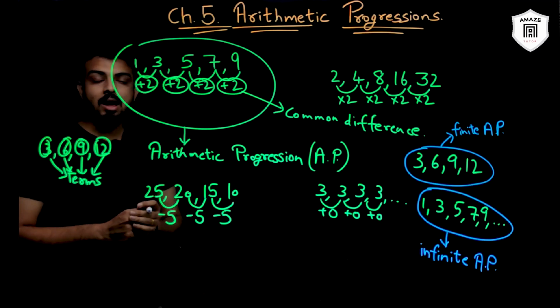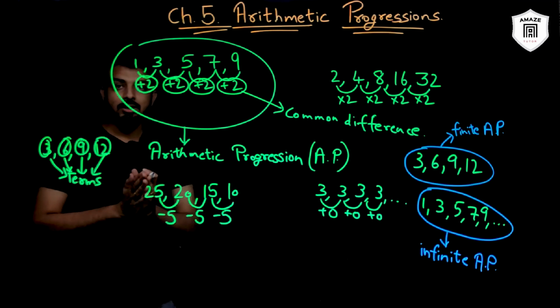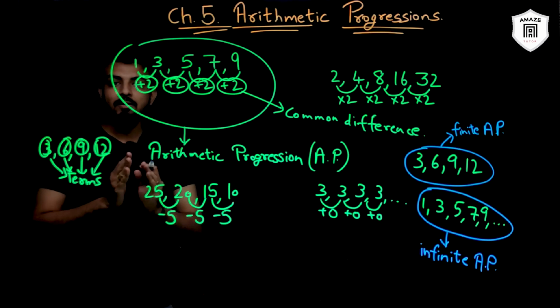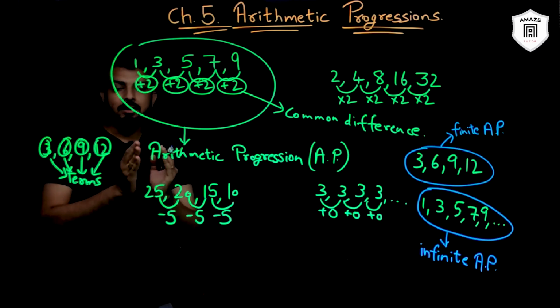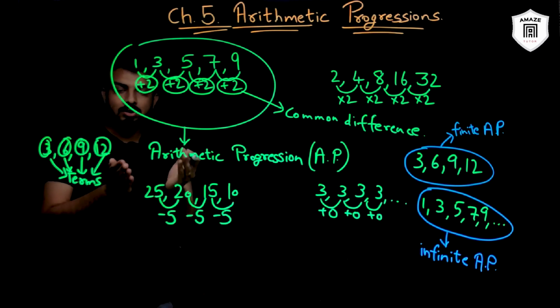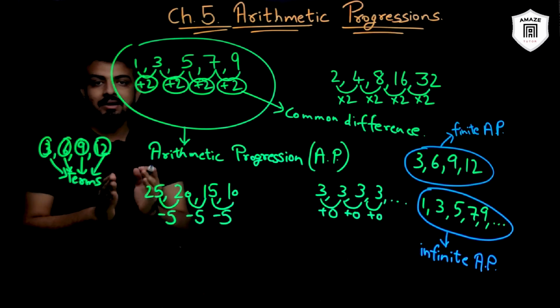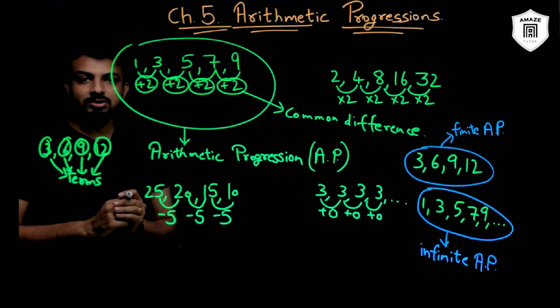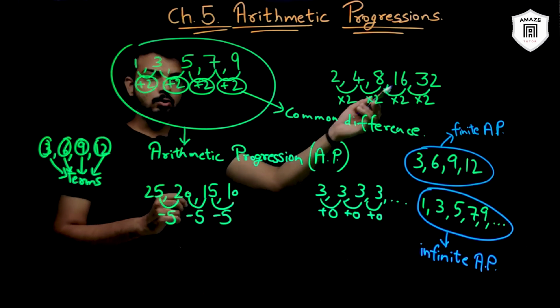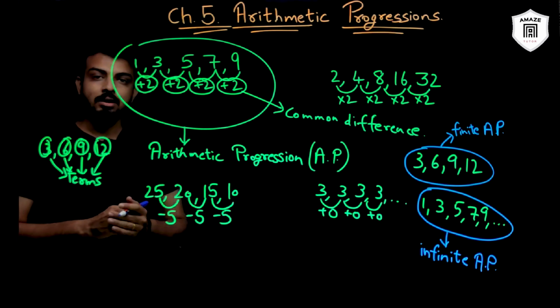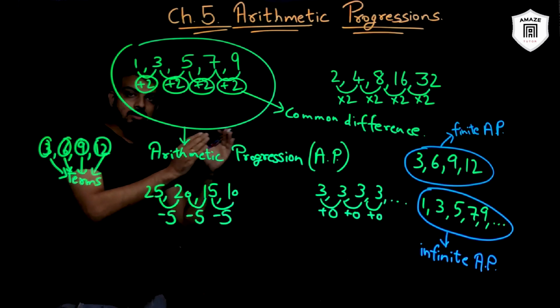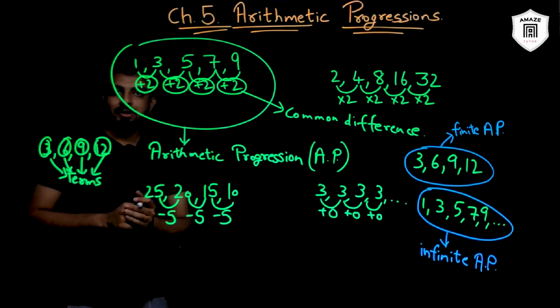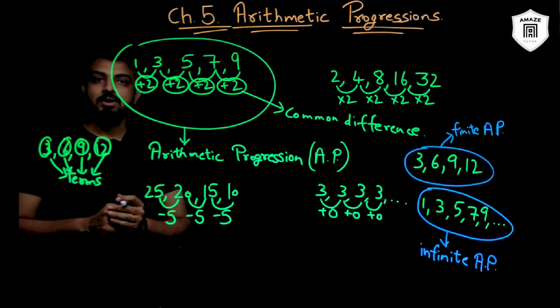Now the progression or pattern where a fixed number is getting added, whether negative, positive, or 0, that type of progression is known as an arithmetic progression. So we are not going to look at the type of progression where all the terms are getting multiplied or divided by a particular number.